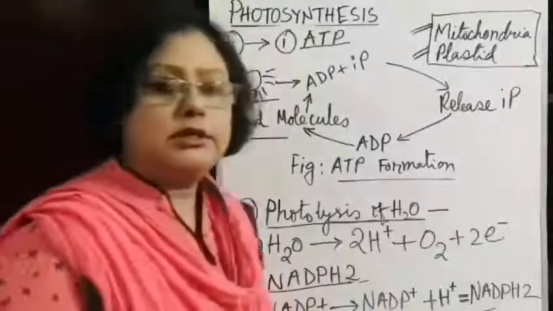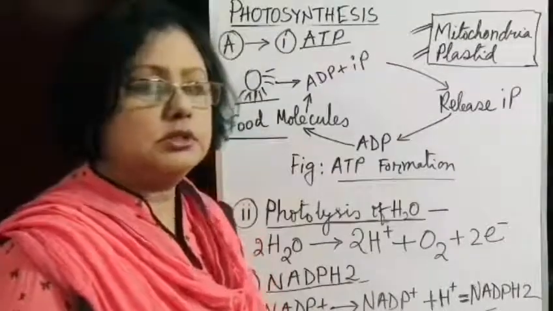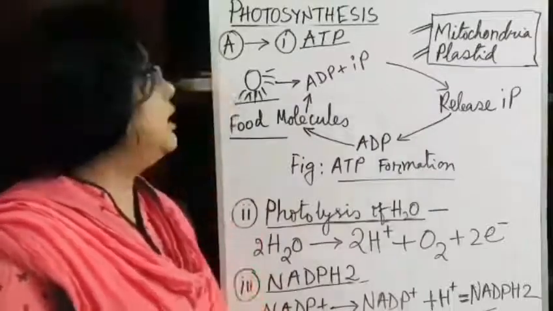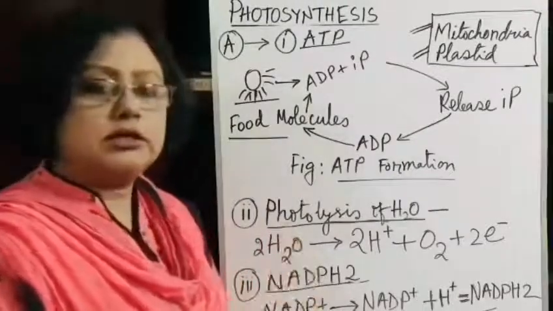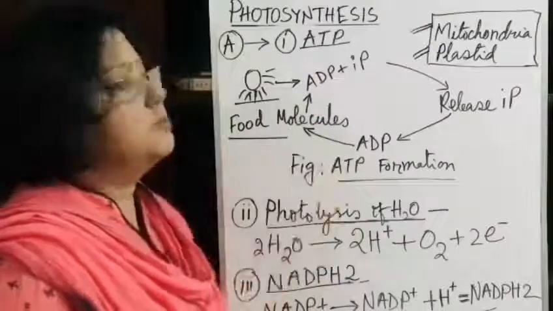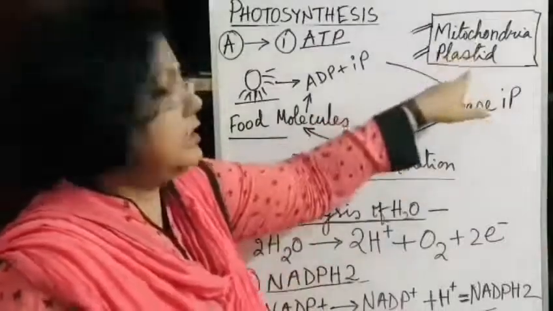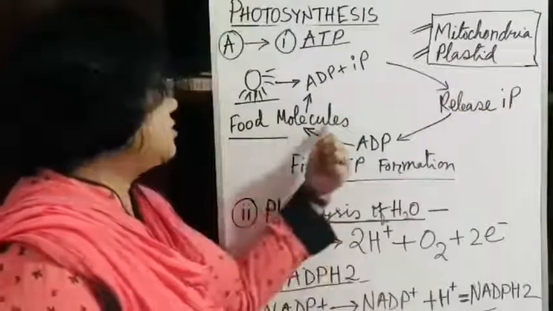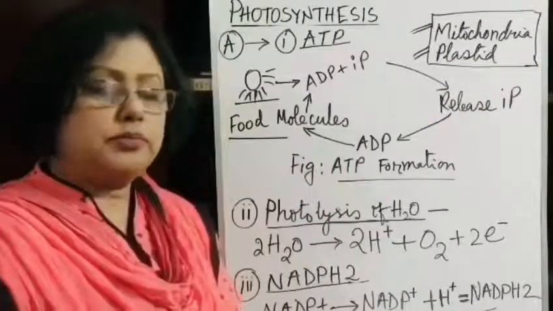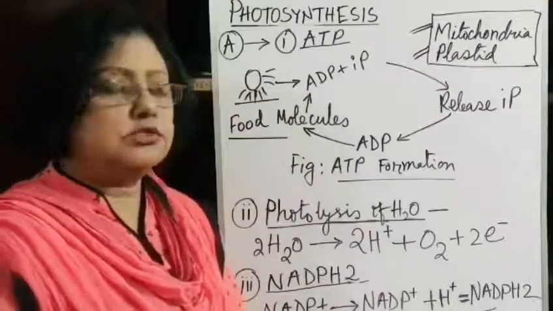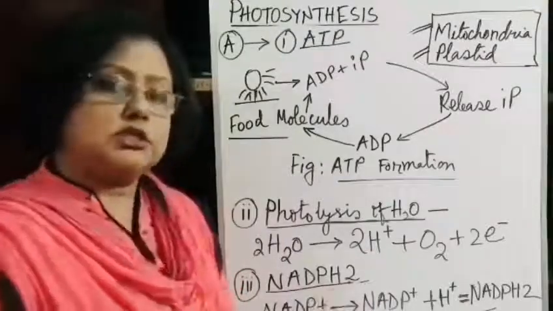We have already learned that 3 things are produced in the light dependent stage. How is ATP produced in plants? There are 2 cell organelles involved in the production of ATP. What are those? Mitochondria and plastid. And now we are talking about plastid. If I talk about the plastid or chloroplast, where ATP is produced, you need to know the structure of the chloroplast.